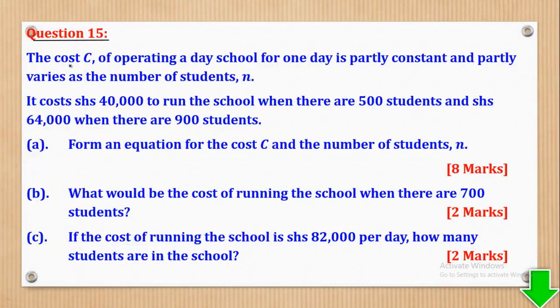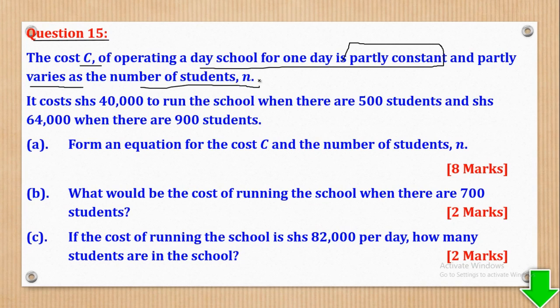And question 15 says the cost, capital C, of operating a day school for 1 day is partly constant, know that word, partly constant, and partly varies as the number of students, small n. Partial variation. So it costs shillings 40,000 to run the school when there are 500 students, and shillings 64,000 when there are 900 students.